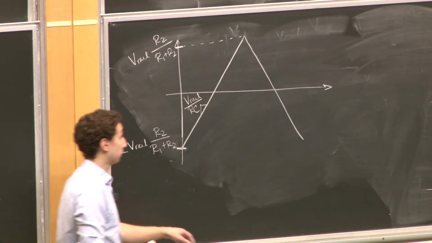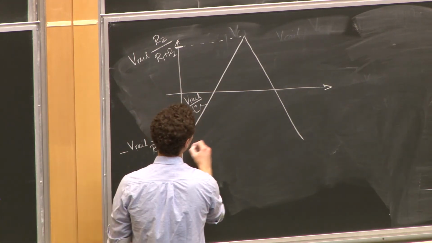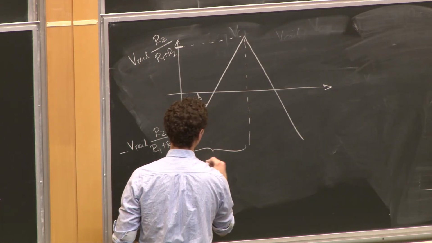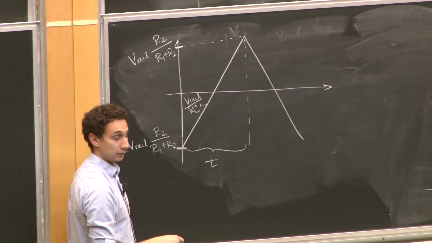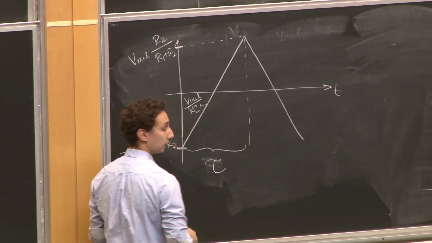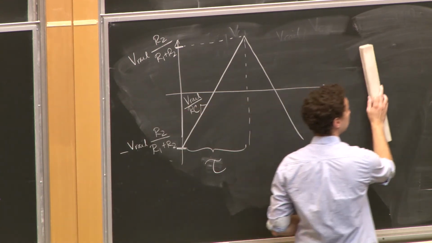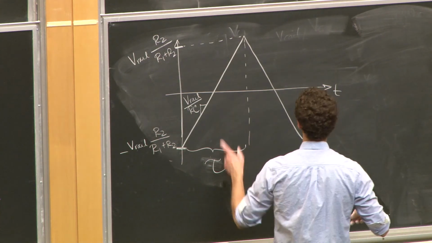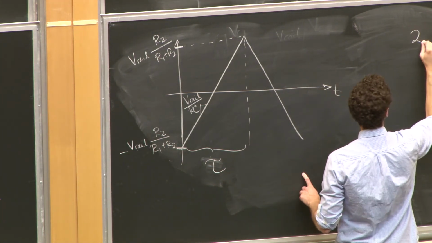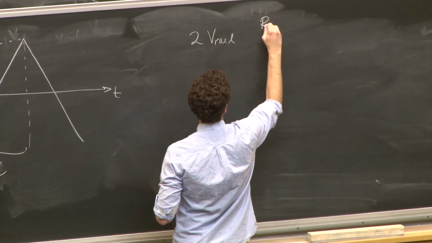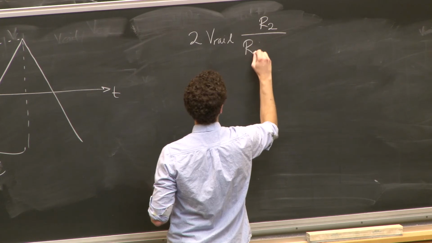And so by your suggestion, the time that it takes, this time, t, let's call it tau, just not to get confused, here's t. That time is equal to the difference in the voltages. Well, it's a function of the difference between these two voltages, so that's 2 times Vrail times R2 over R1 plus R2.